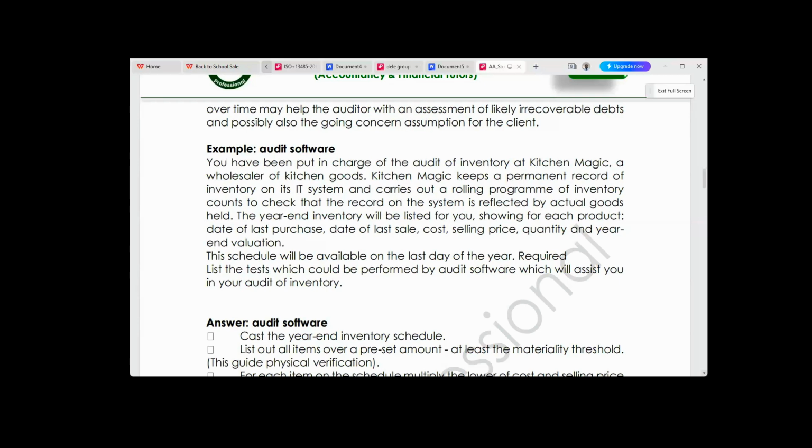So first of all, what you need to do is to get your year-end inventory schedule. What I mean by inventory schedule is that sometimes you don't have just one product, you don't have just one item as your inventory, so you create all your inventory schedule. Then you list out all items over a preset amount, at least the materiality threshold.